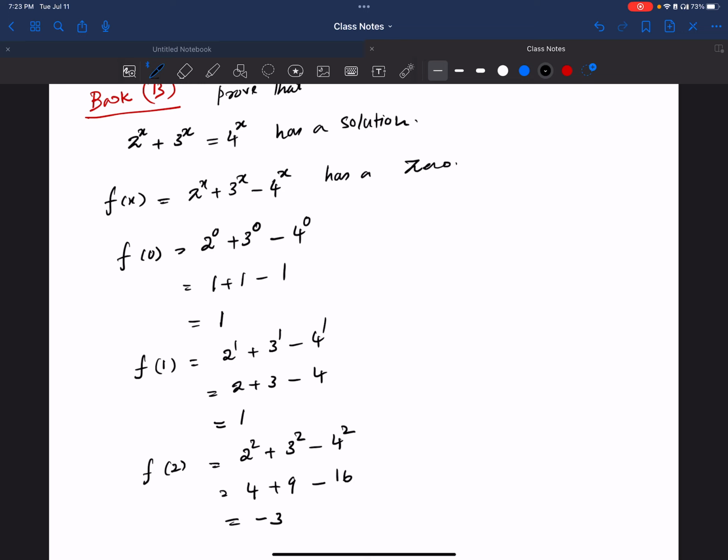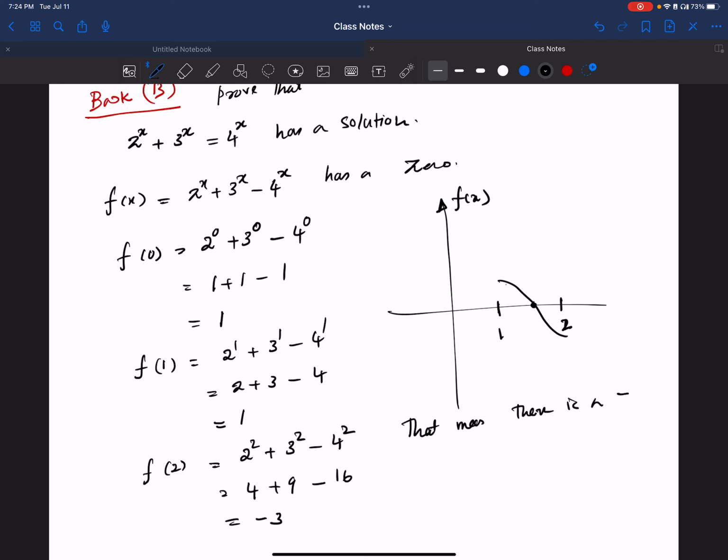Oh, sign change. When the function goes from 1 to 2, somehow it changed sign. That means there is a 0 in the interval 1 to 2 for the function f of x.